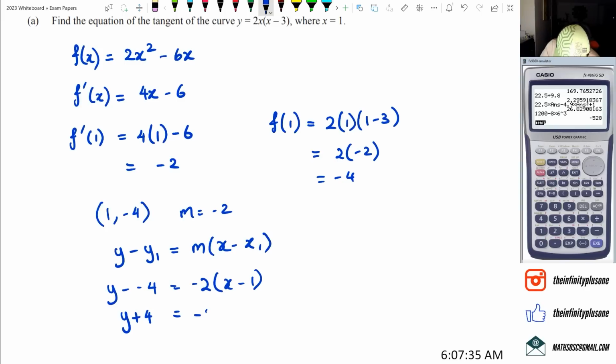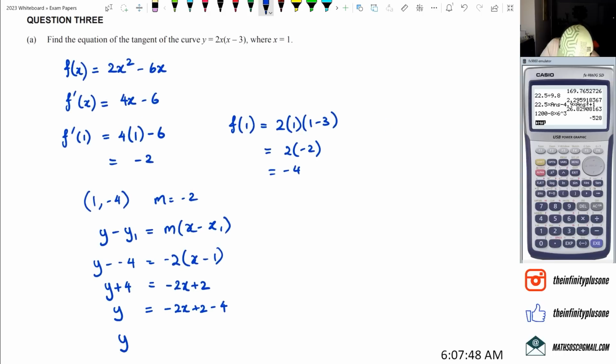I just thought I'd made a mistake somewhere, but let's keep going and see what happens. So I've got y is equal to negative 2x plus 2 minus 4, which then gives me y is equal to minus 2x minus 2. Oh yeah, I was on the right track there.